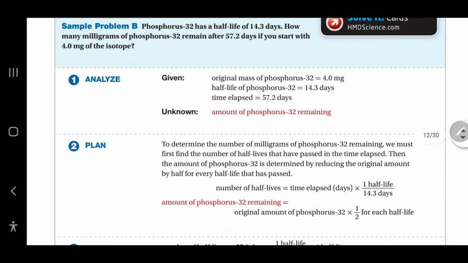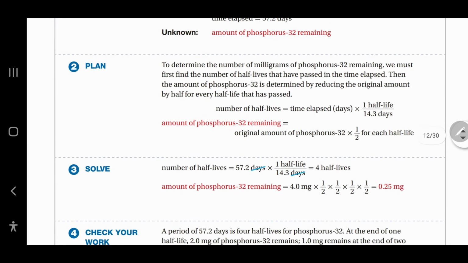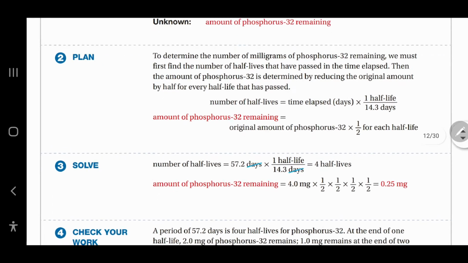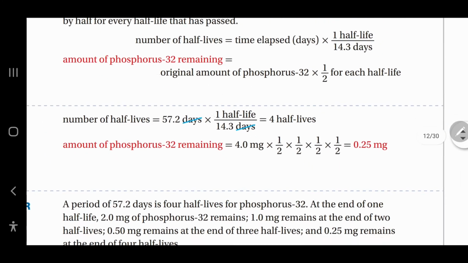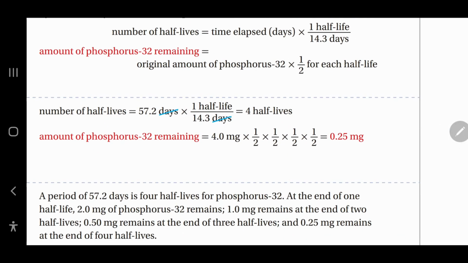So 4 half-lives means that at the first half-life, we will have 2 milligrams. Second half-life, we will have 1 milligram. Third half-life, we will have 0.5 milligram. And at the last one, we will have 0.25.